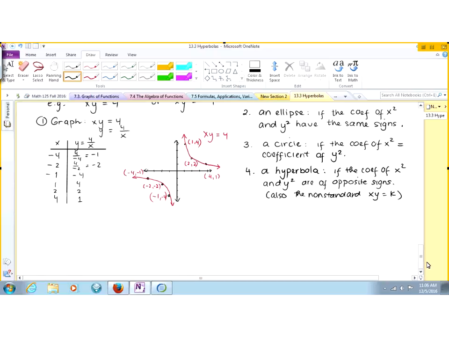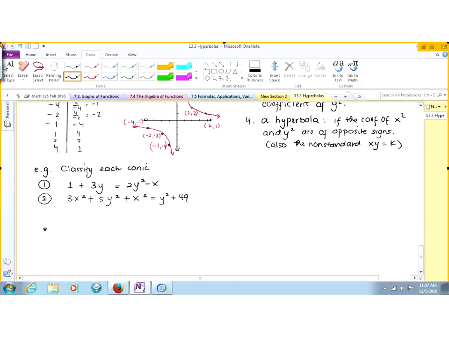You guys ready? So, for example, classify each conic. Number 1: 1 plus 3y is equal to 2y squared minus x. Number 2: 3x squared plus 5y squared plus x squared is y squared plus 49.